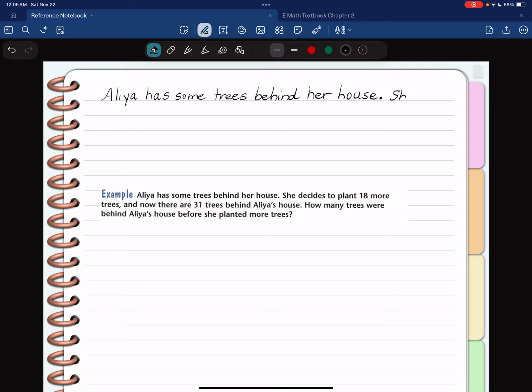She decides to plant 18 more trees, comma, and now there are 31 trees behind her house.